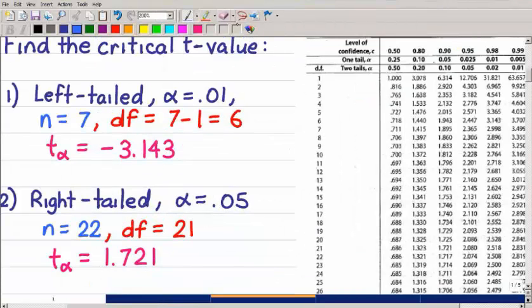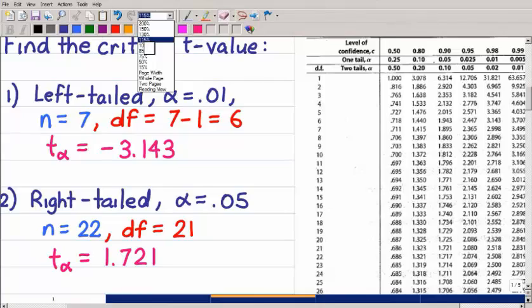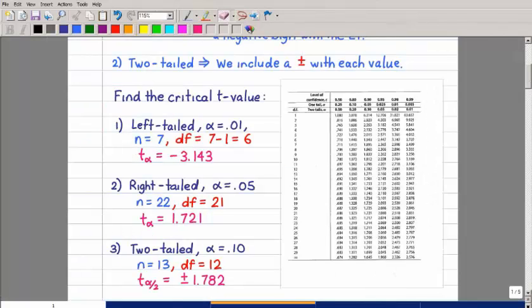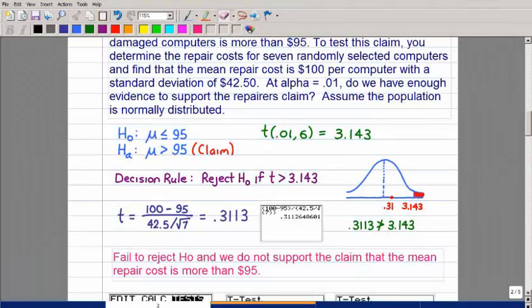Zoom in a little tighter here. 0.01, one-tailed, come down here, there it is right below my box: 3.143. Since it's a right-tailed test, our decision rule will be rejecting to the right. We will reject the null if the test statistic t is greater than 3.143. So all we have to do is calculate the test statistic and decide whether or not it's greater than 3.143.